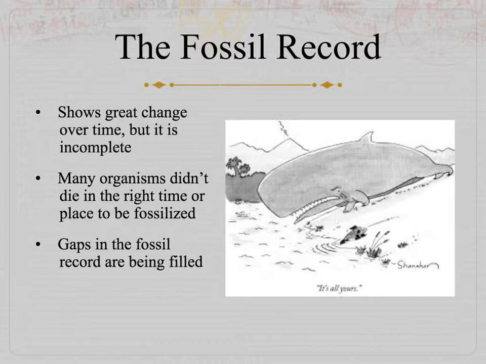The fossil record does show us that there's been a lot of change in Earth's history, but it's often argued that the fossil record is incomplete, and that is totally true. There aren't very many organisms or parts of organisms that can actually be fossilized. If you think about the fossils that we do have, they're bone or shells.